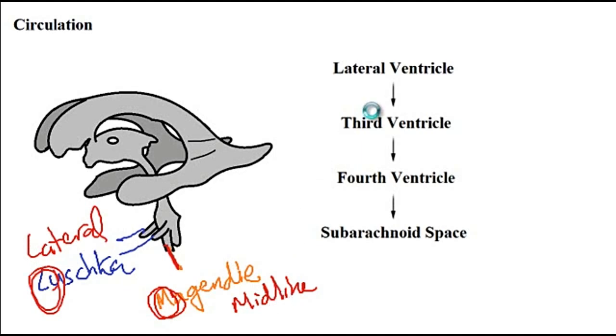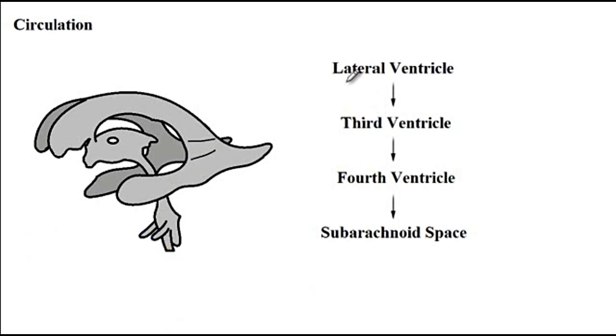Alright, now to review all these findings one more time. So the cerebrospinal fluid is being produced in the ependymal cells of the choroid plexus of the lateral ventricle. From here on, it will be transported into the third ventricle via the foramen of Monro. And then it will be transported from the third ventricle to the fourth ventricle via the cerebral aqueduct of the sylvius.